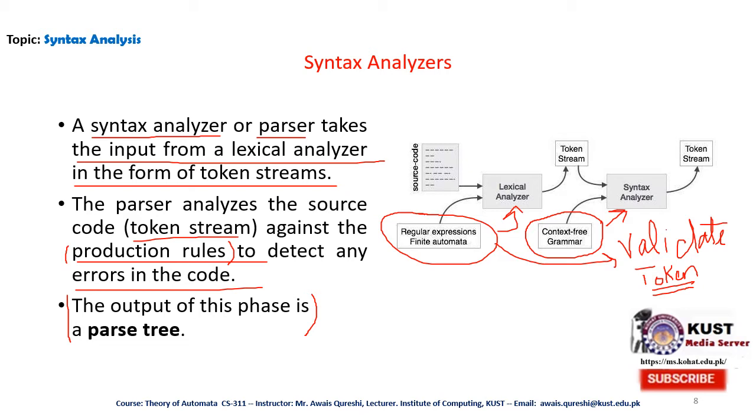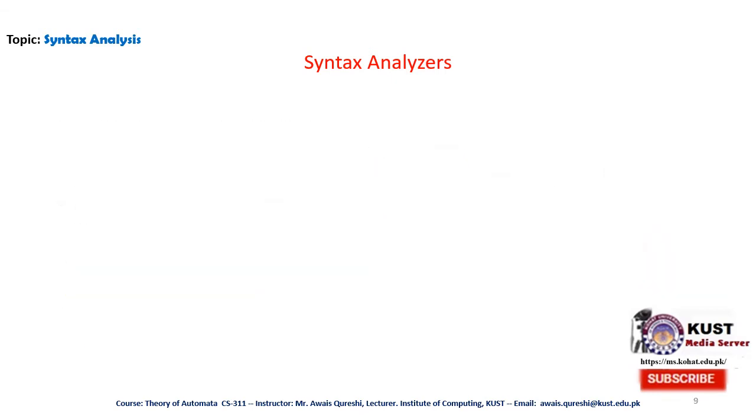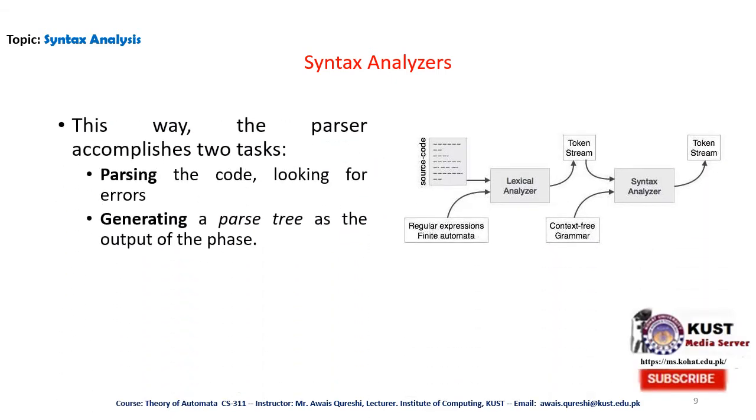So the product of the syntax analyzer is a parse tree. In this way, the parser or the syntax analyzer accomplishes two tasks. First, it parses the code and looks for errors.